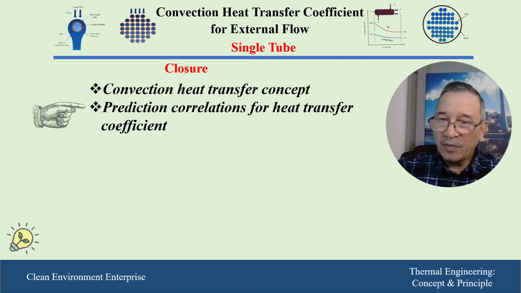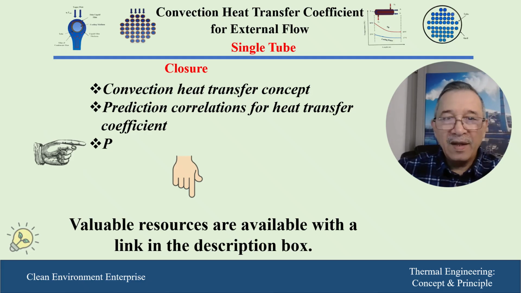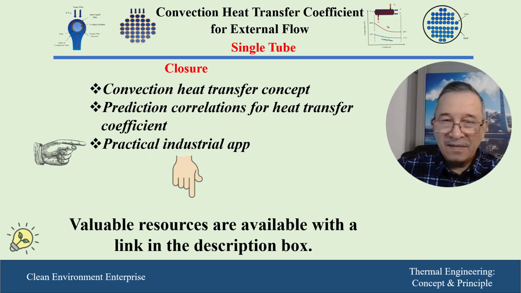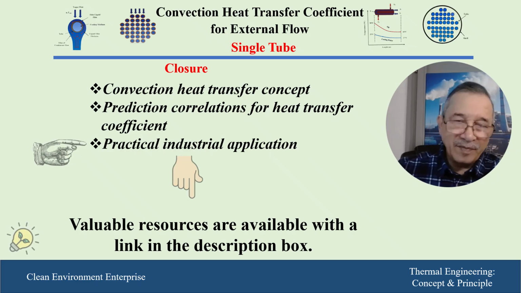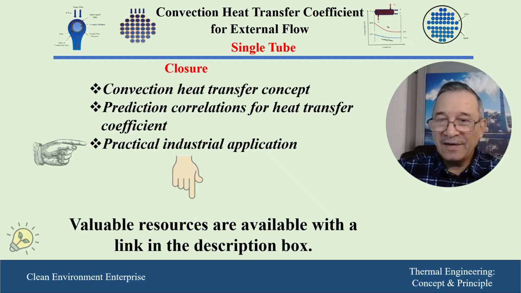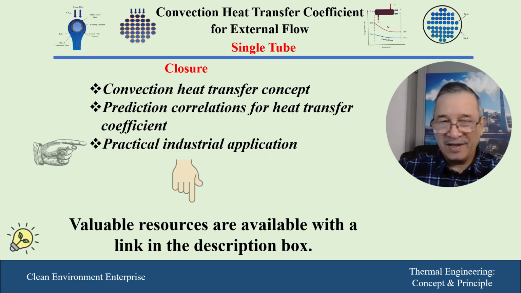And if you want to get more, please consult my book, which is presented in the list of references below this video. And we passed through a practical application where an electrical heater resistance is used to heat up air in an air conditioning or industrial application.